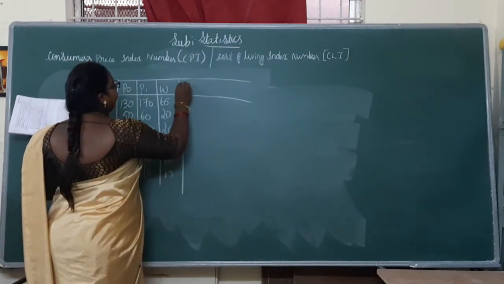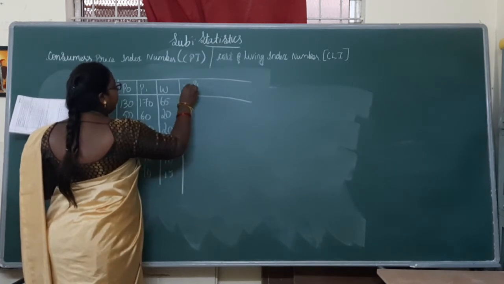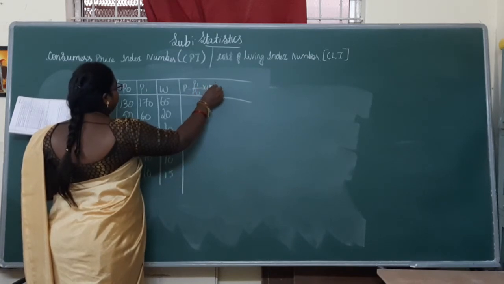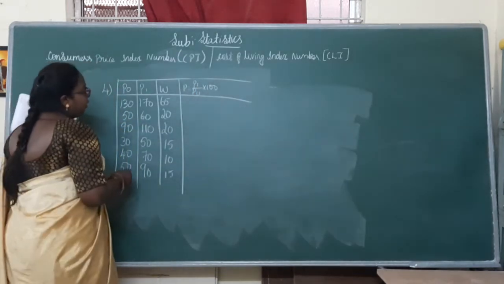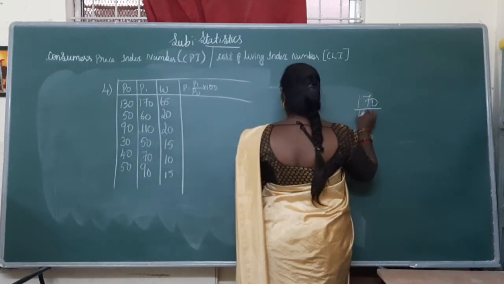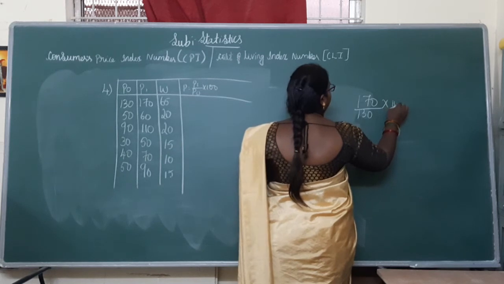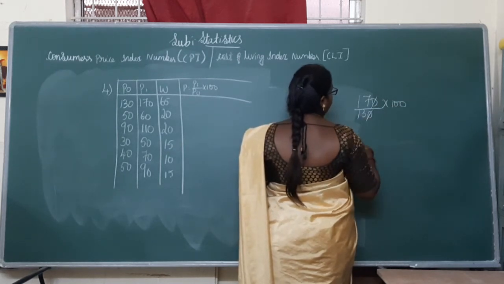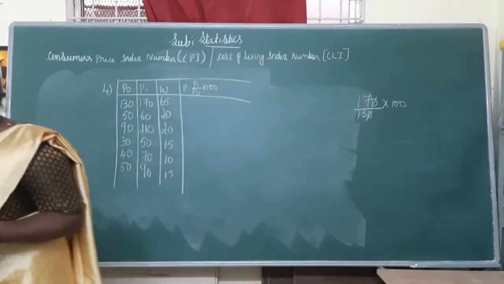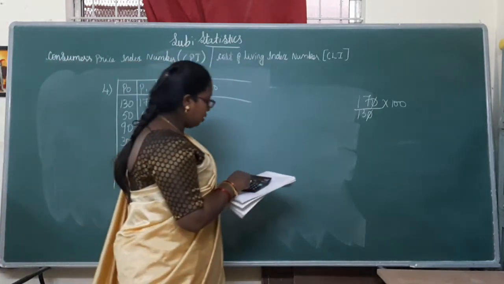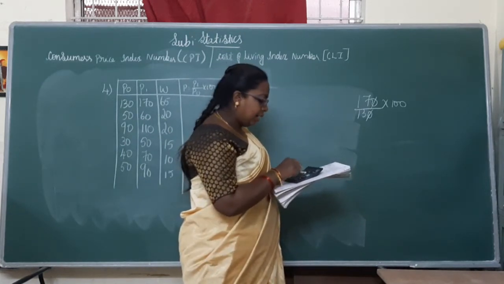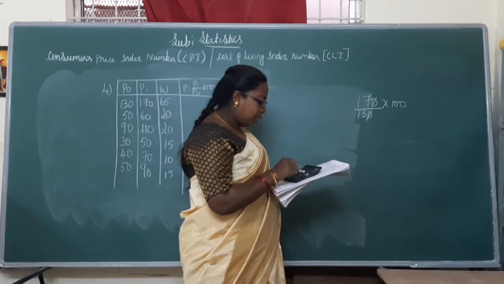My P is nothing but P1 divided by P0 into 100. That is 170 divided by 130 into 100. My zeros will get cancelled here. Then 17 into 100, I will get 1700 divided by 13.